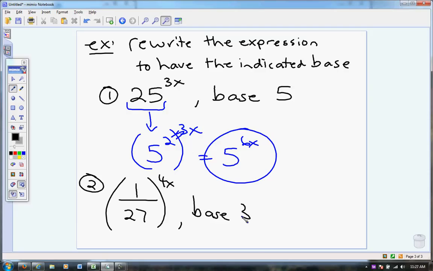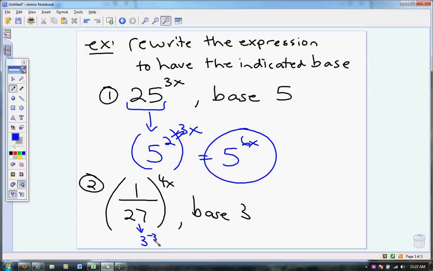So how can I write 1/27th as a base power? The base is 3. 3 to the what? 3 to the negative 3. Okay, this is the same thing as 3 to the negative third. All right?